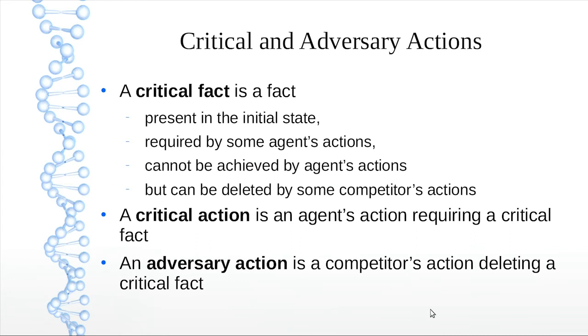To give a planning perspective, we have what we call critical facts. A critical fact is present in the initial state. It is required by some agent actions, but that fact can be deleted by some competitors' actions, and however it cannot be achieved by the agent's action. For instance, the availability of the resource is a critical fact.